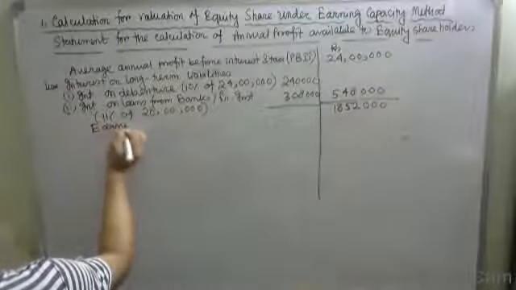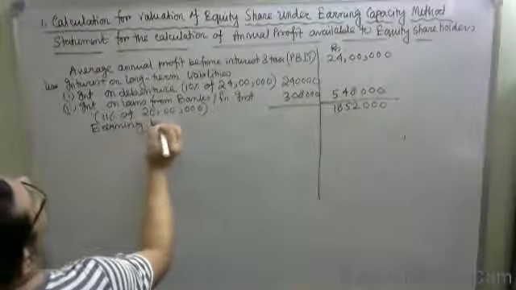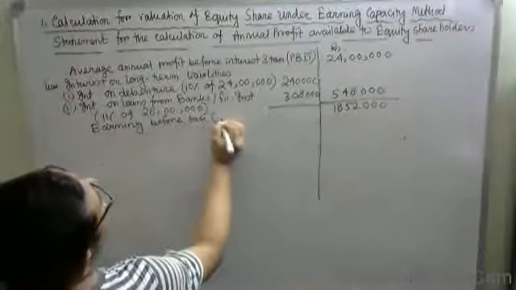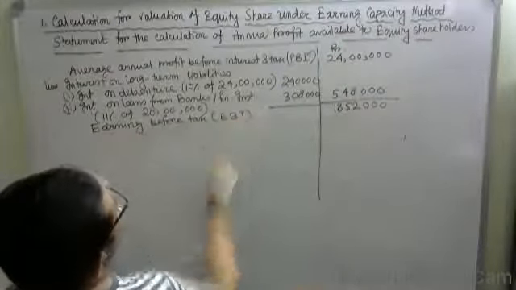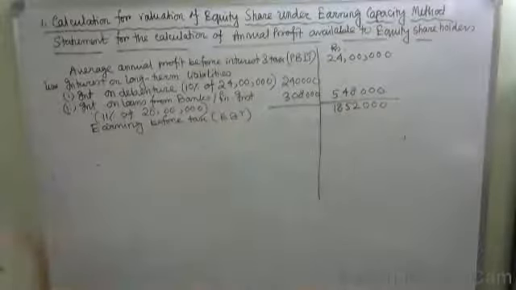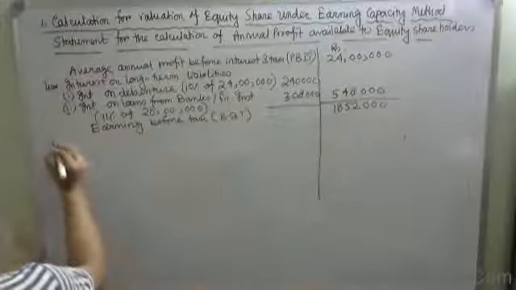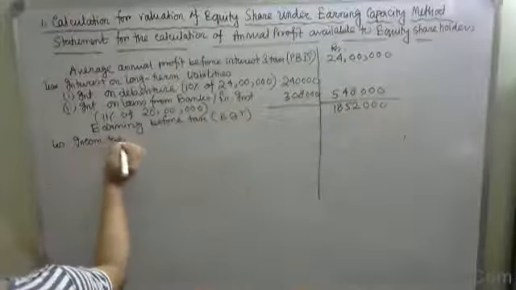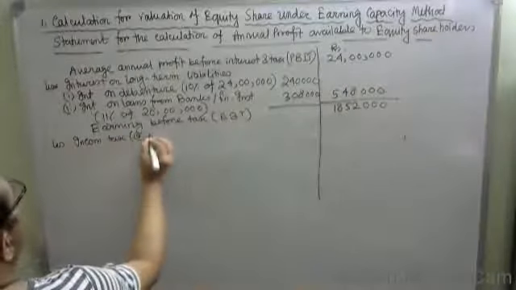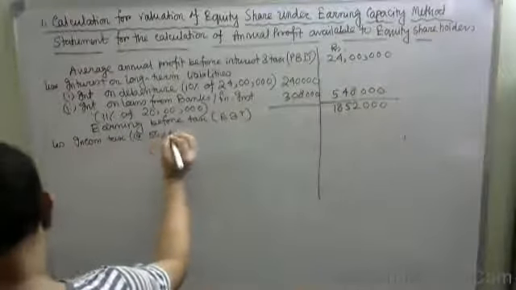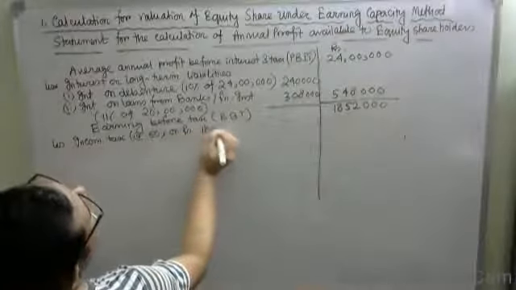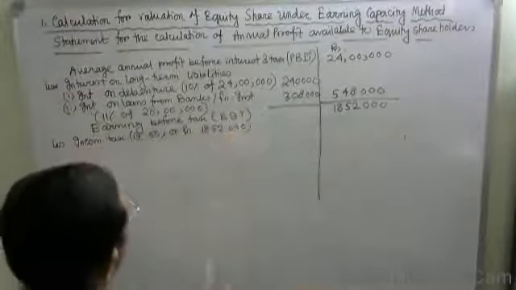Earning before tax, which is EBT, less income tax at the rate of 50% on rupees 18 lakh 52,000.